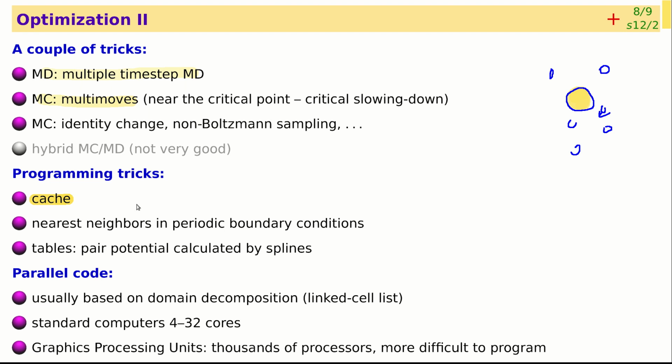Cache is a fast memory that sits close to the processor so that it's fast to exchange data, and good programming means that I know how fast the cache is, how big it is, and I devise the loops in the algorithm in such a way that I need data from the slower parts of memory less often than those that I have already there. That is, for example, instead of one long loop, it's better to split such a loop into several nested chunks and so on.